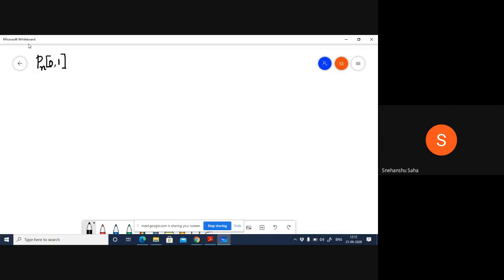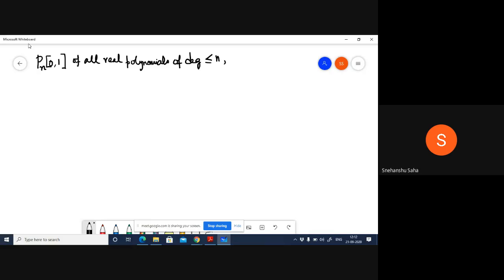All real polynomials of degree less than or equal to n.